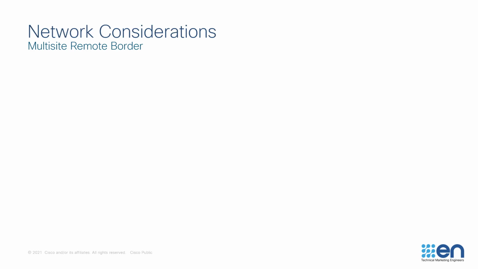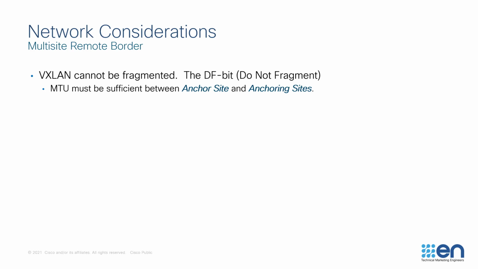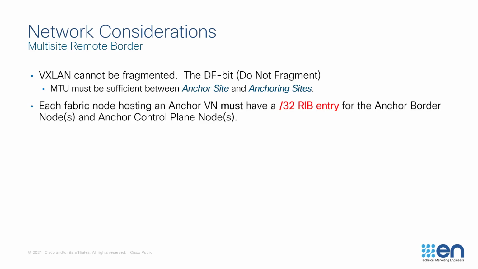In designing the network between the fabric sites and using the Multisite Remote Border feature, there are some key things to consider. Most importantly, the packet in the anchored VN is encapsulated in VXLAN. In VXLAN, the DF bit is set. DF means don't fragment. So what does this mean for you? Your physical network between fabric sites needs to accommodate an additional 50 bytes of overhead on top of the original packet size.